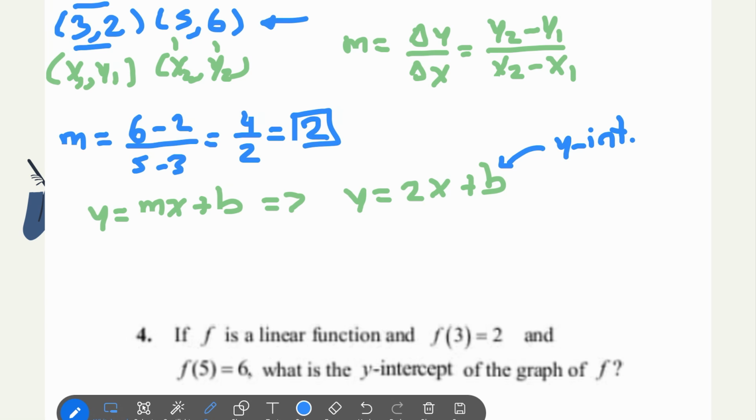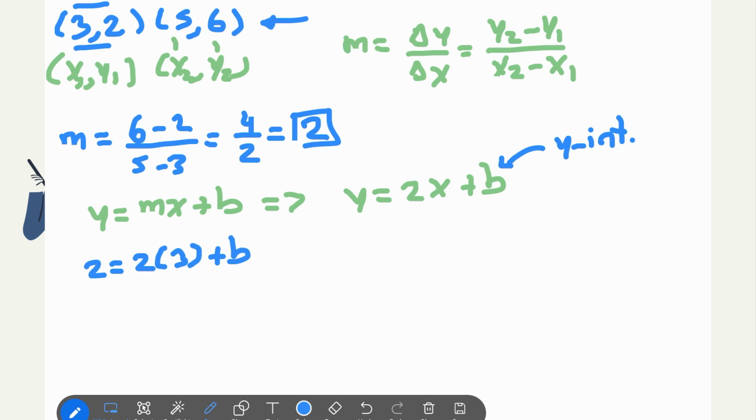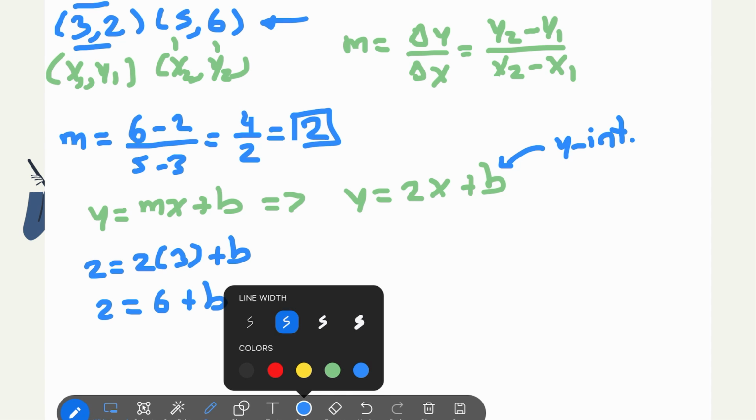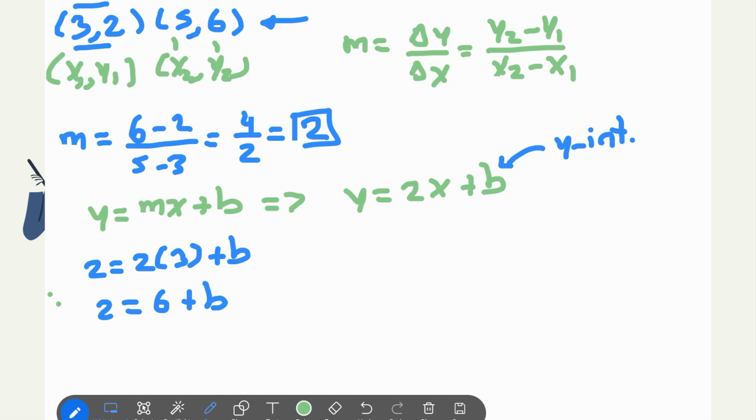So in the case of 3, 2, we will have 2 equals 2 times 3 plus b. That is 2 equals 6 plus b. If we subtract 6 of both sides, we can put here minus 6 in parentheses, minus 6 in parentheses.